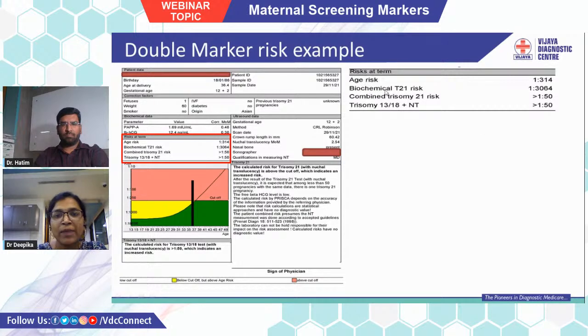The second column is the biochemical trisomy 21 risk. So after doing these biochemical markers, the risk is 1 in 3064. So out of 3064 pregnancies, one pregnancy will be affected by this trisomy 21. And the third column is the combined trisomy 21 risk. That is, along with biochemical markers, we take into consideration the radiological findings. And the risk is more than 1 in 50.